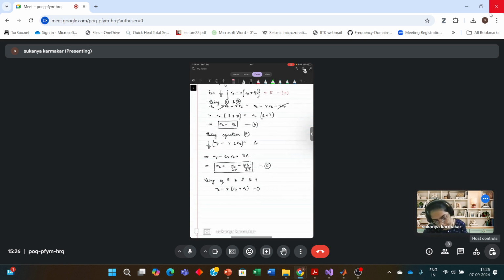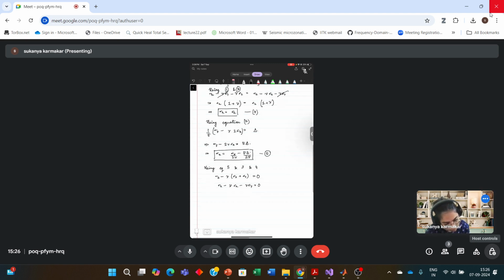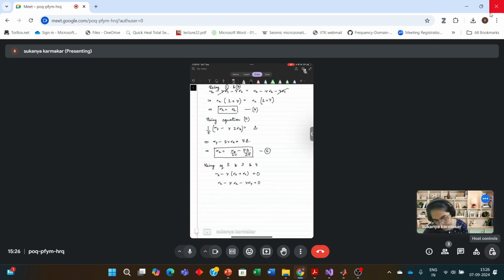Here, now sigma z is equal to sigma x. So sigma x minus nu times sigma x minus nu times sigma y is equal to 0. So I can write nu times sigma y is equal to sigma x into 1 minus nu.